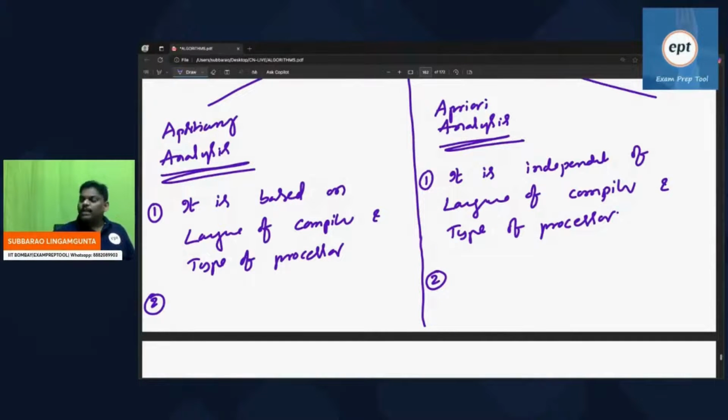The second one is saying that my model is based on some other thing. My model is not based on the language of compiler and type of hardware. But the first one is saying that my model is based on language of compiler and type of processor. So please be careful.